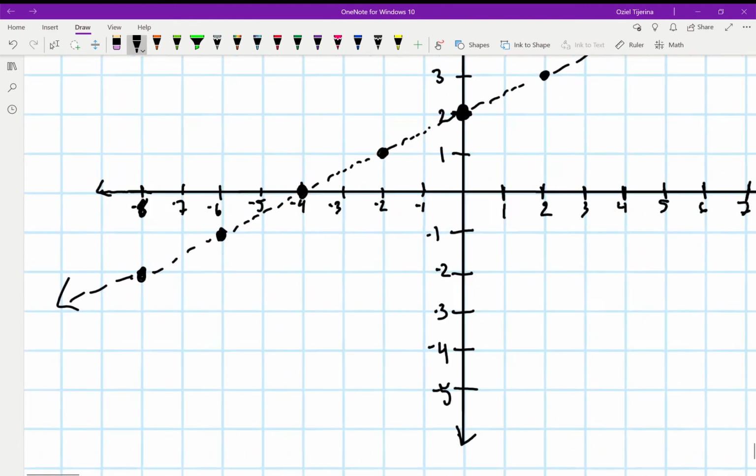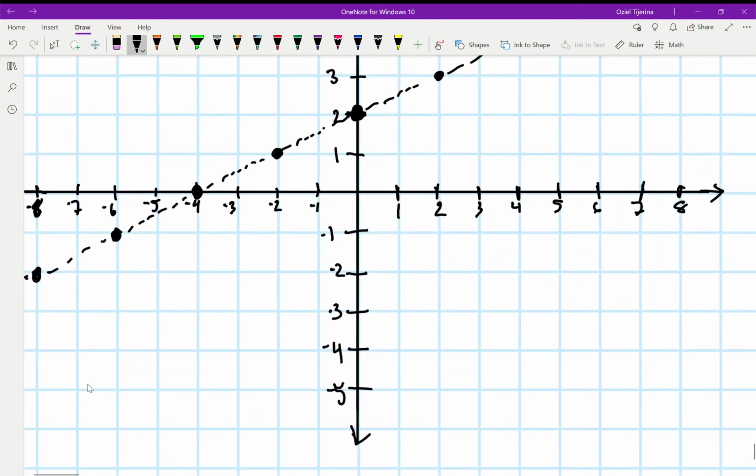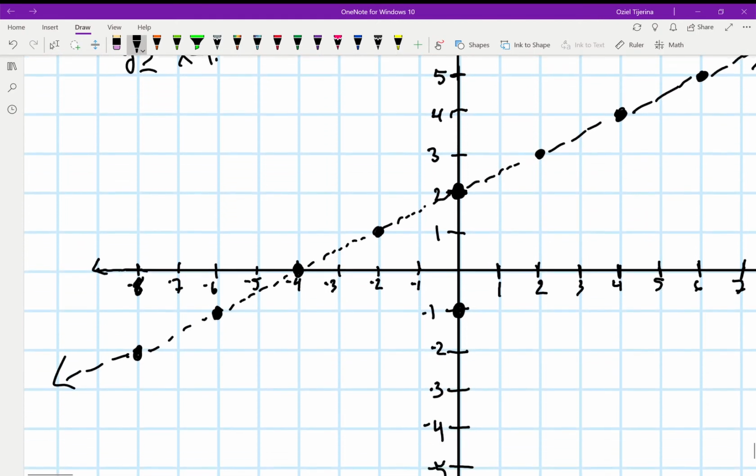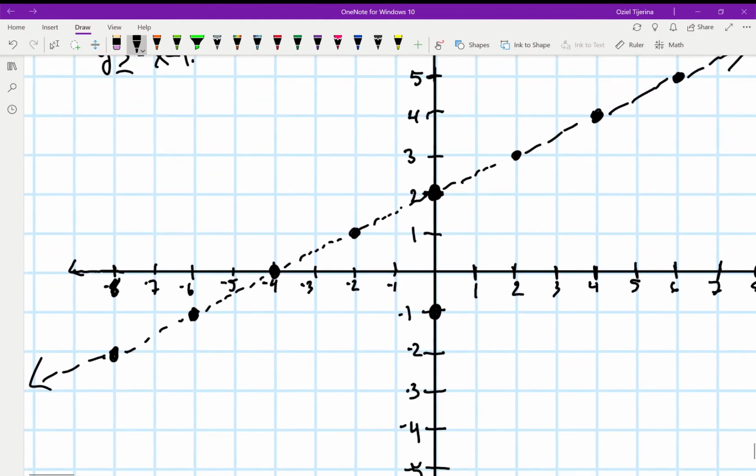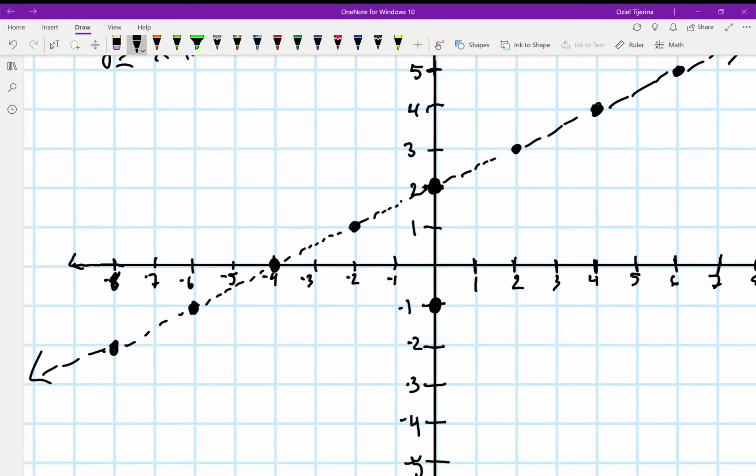So we have our y-intercept right here, and it's greater than or equal to, okay? So it's going to be a solid line. So you're going to go down 1 and right 1, because our slope is negative. It's rise over run, so it's down 1 and to the right 1.